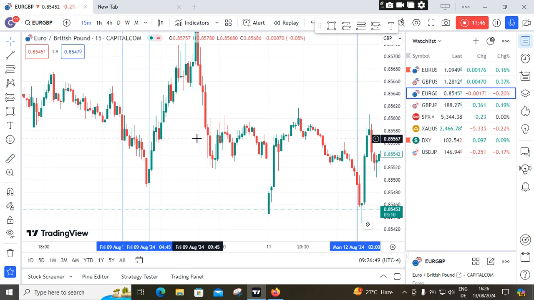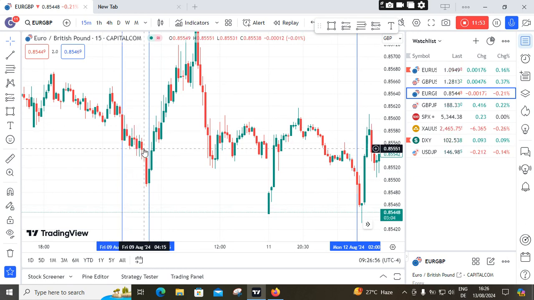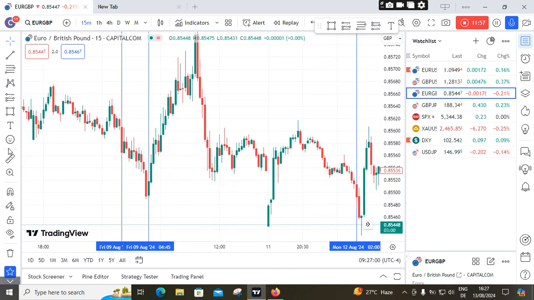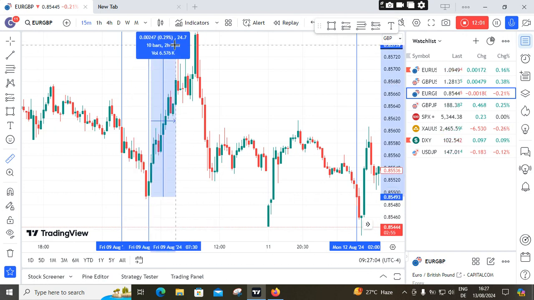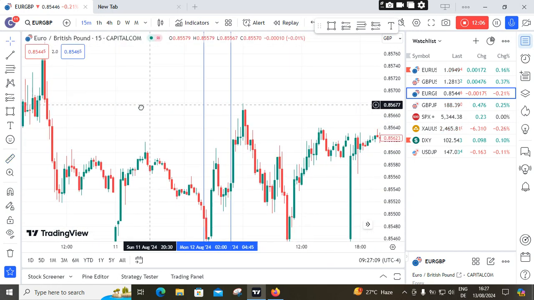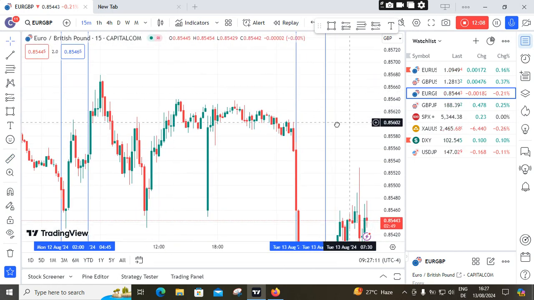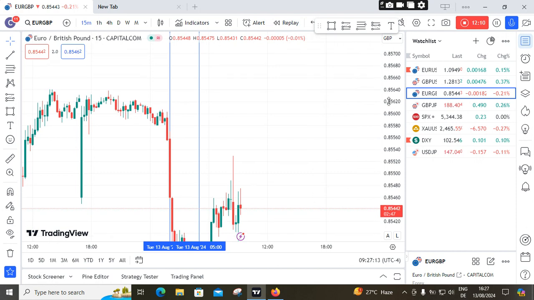So let us see another one here. This is 2 a.m. 1, 2, 3, 4, 5, 6, 7, 8, 9, 10, 11, 12. So on the 12th, the market reverses clearly and goes higher, and we count we have already reached our 20 pips. So traders, that is how you can mark and know the highest probability of the day.